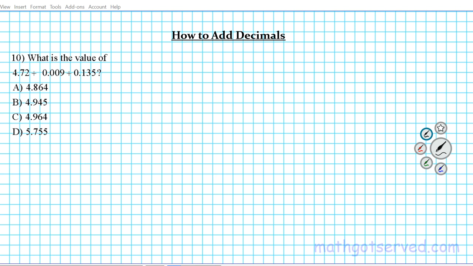Do you remember what the guideline was? Something that you wanted to keep in mind? Well, let's go over it again. So it's similar to the other problem that we did. The tip is as follows. When adding, subtracting, or even multiplying decimals, guess what?